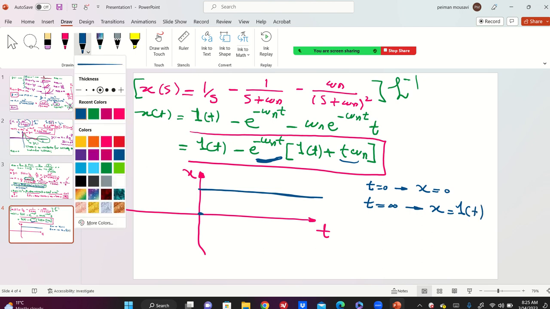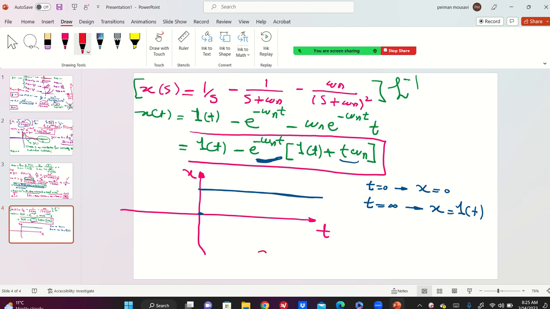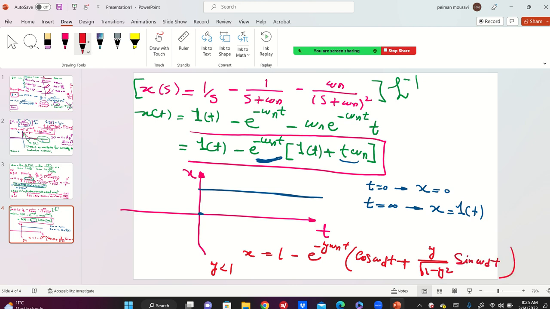But what's the difference between this case and the underdamped system? Remember that the x of t for the underdamped system, which you have in your notes, was 1 minus e to the minus zeta omega n t times cosine omega d t plus zeta over square root of 1 minus zeta squared sine omega d t.